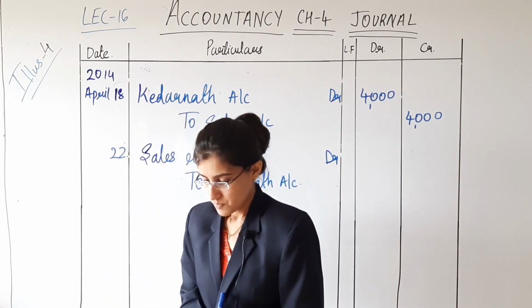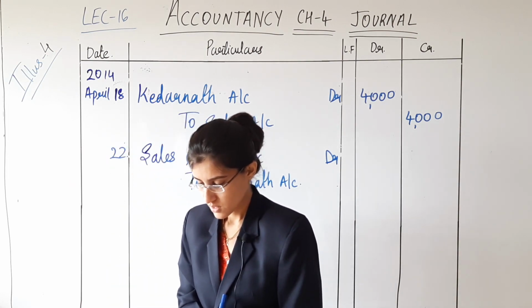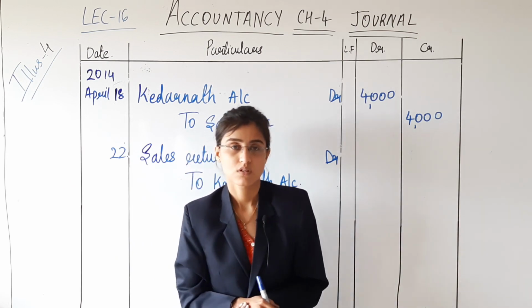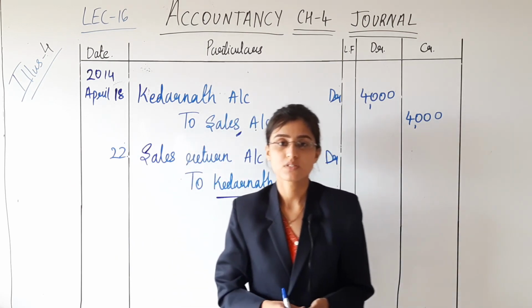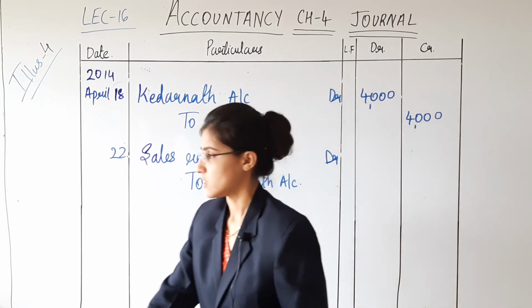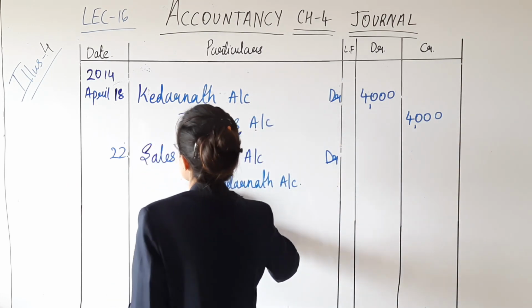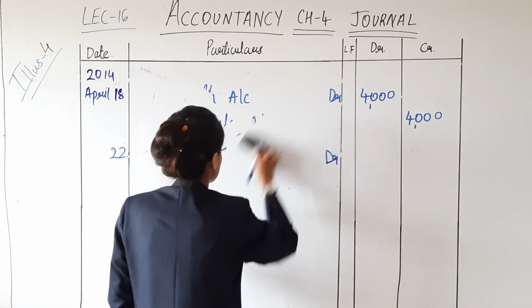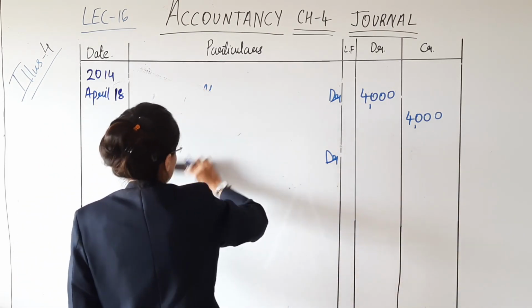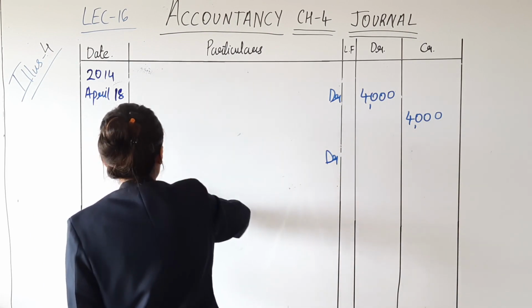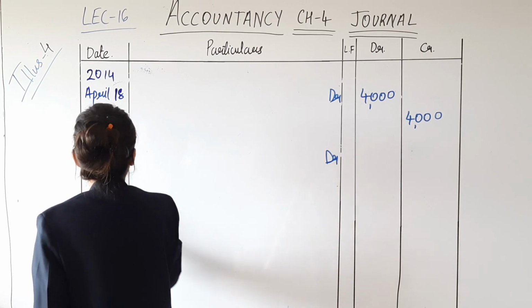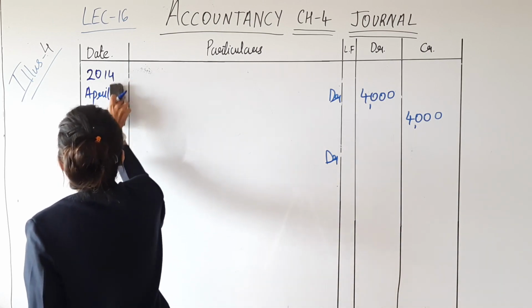Next, 25th of April, goods of rupees 500 withdrawn for personal use. Anything withdrawn for personal use is always drawings. So let us write down the journal entry for that. Here goods have been withdrawn, so these are goods going out other than sales. You have not sold, but still goods are going out of the business. During that time, purchase account is to be credited.